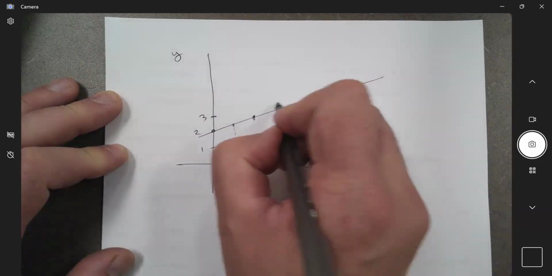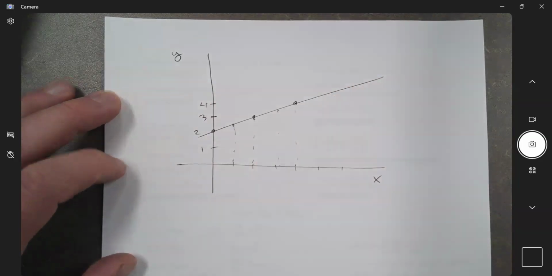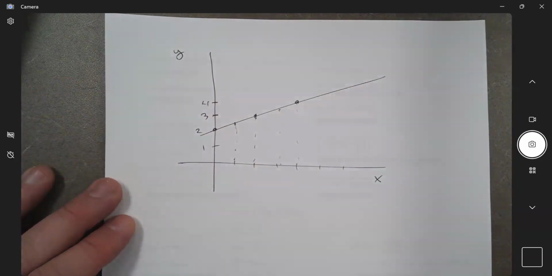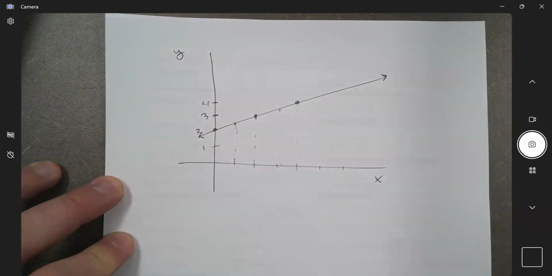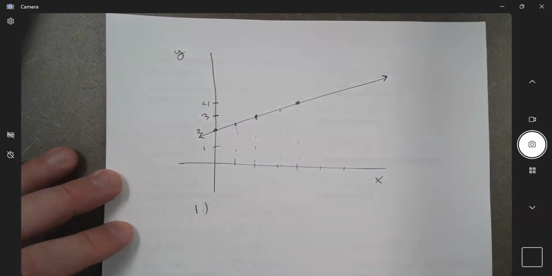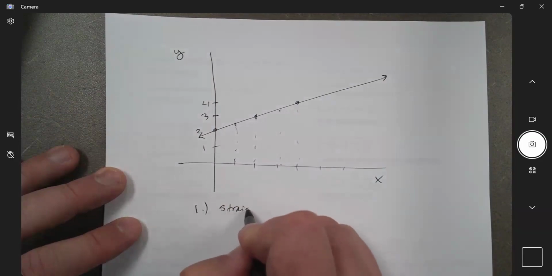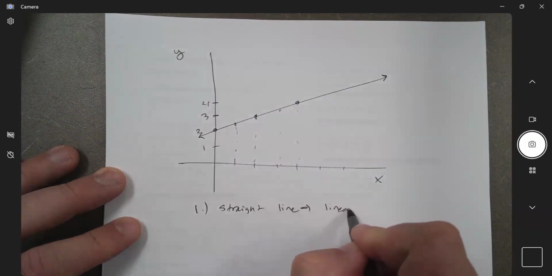I usually have graph paper, and I neglected to bring it this time. So we go through the same process, actually. What kind of function is this? Well, the graph shows us that's a straight line. So it's a linear function.